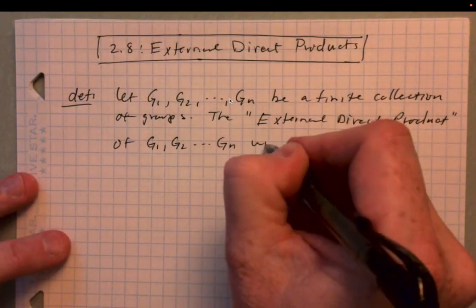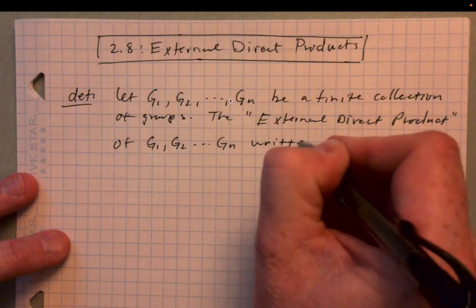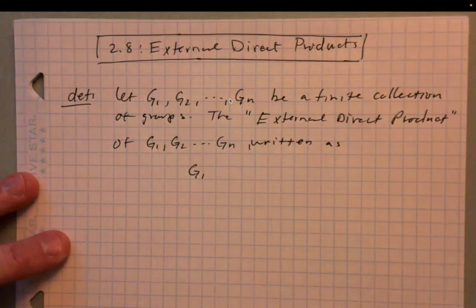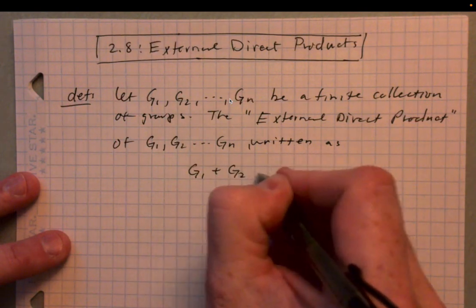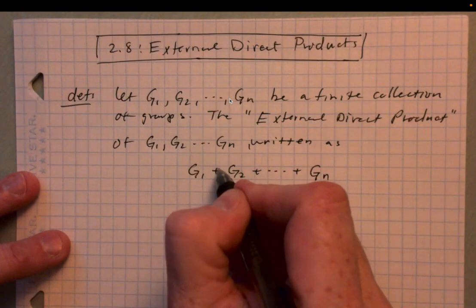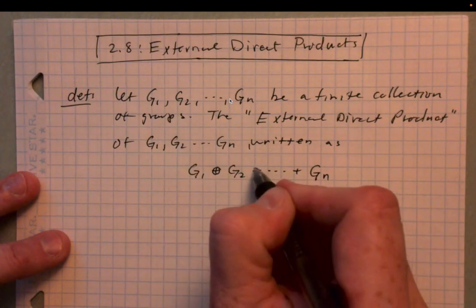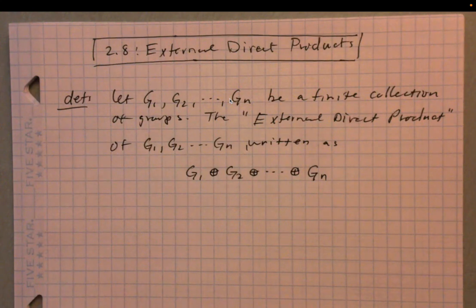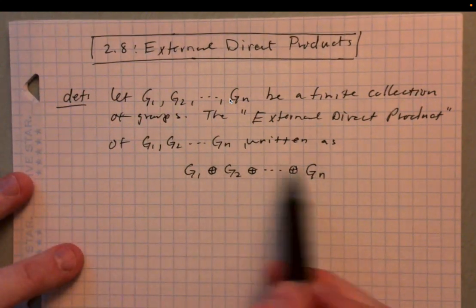is written as, the way we usually notate this is G1 plus G2 plus through plus Gn, but instead of the normal plus, we have this plus symbol inside of a circle. So this is what we mean by the external direct product.